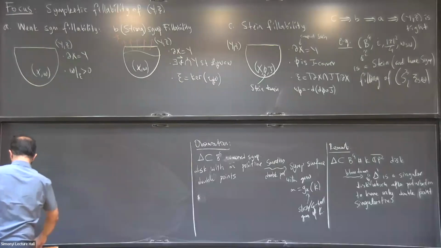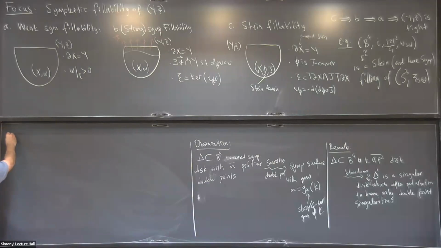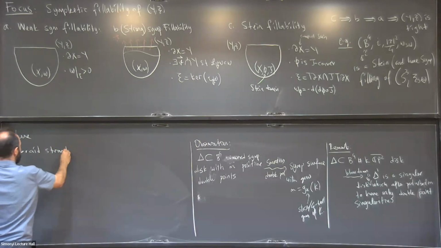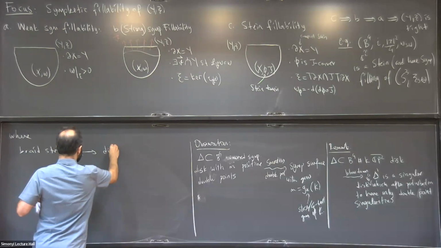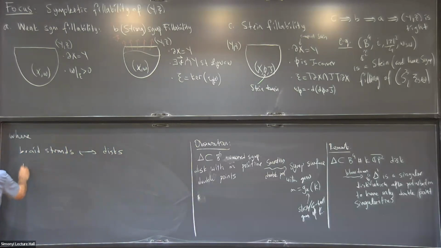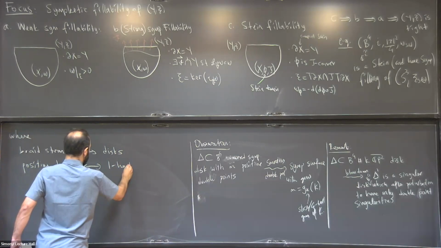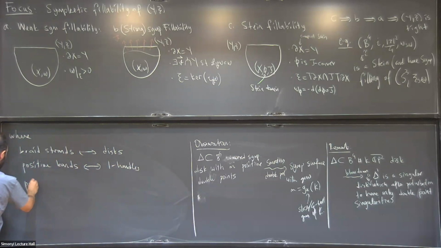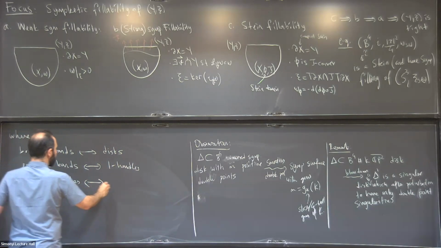So I already erased the first part. This surface is this, where braid strands are in one-to-one correspondence with, or you exchange them with, disks. And then positive bands are replaced with one-handles, and positive nodes are replaced with positive double points.